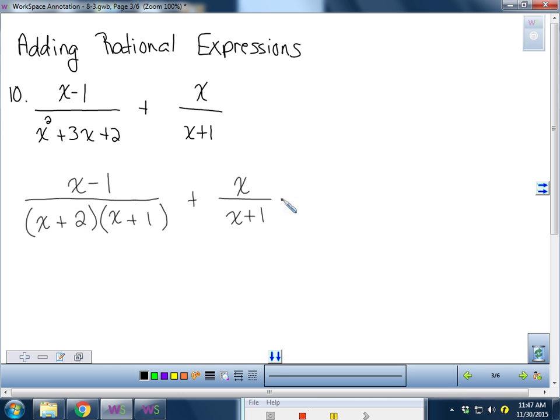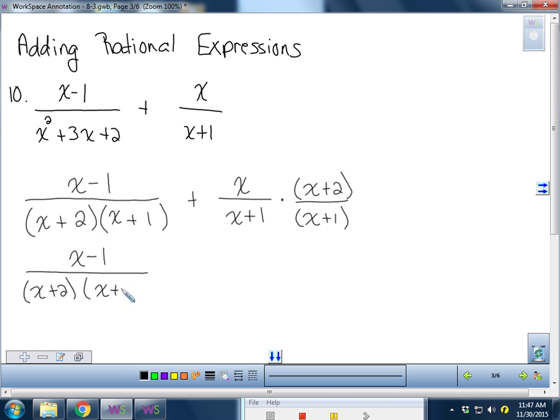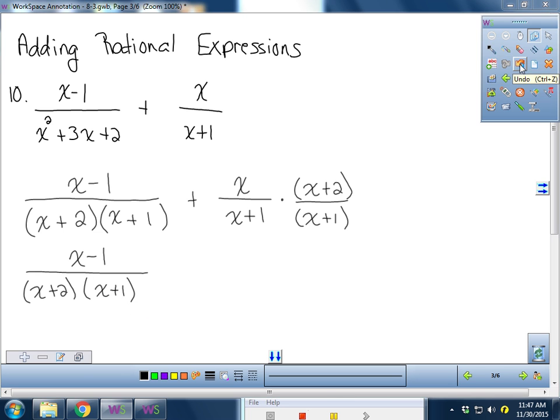So if I were to multiply top and bottom by x plus 2, that's going to help me out. So I have x minus 1 all over x plus 2, x plus 1. Oh, I apologize, I wrote the wrong number right here. That's supposed to be a 2.